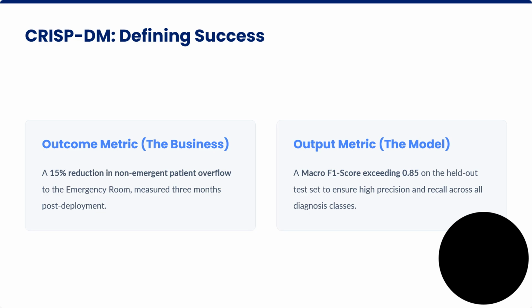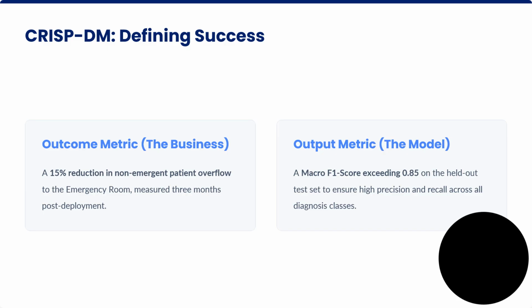According to the CRISP-DM model, success must be quantified, so our outcome metric is the business impact. We would say a 15% reduction in non-emergent patient overflow to the emergency room would be a success, as measured 3 months post-deployment.